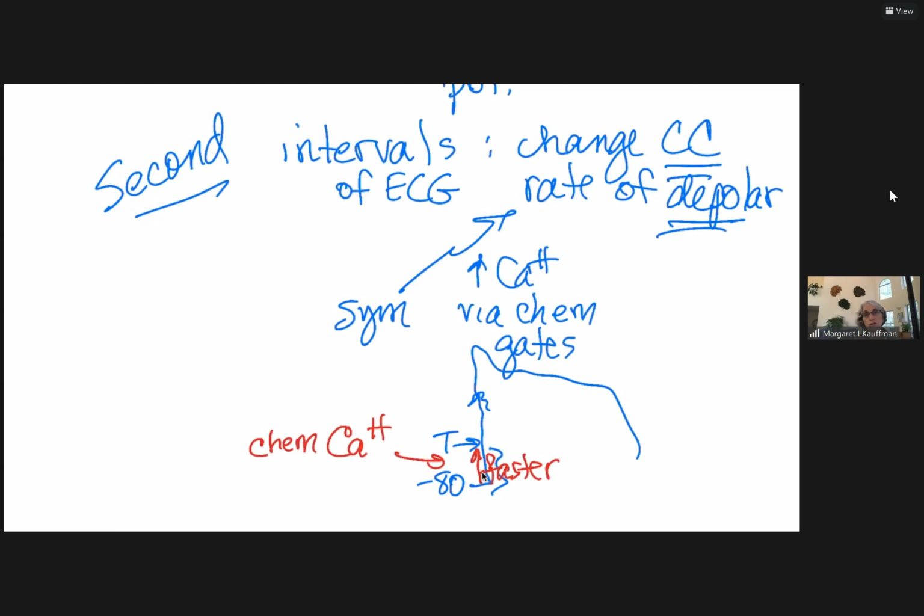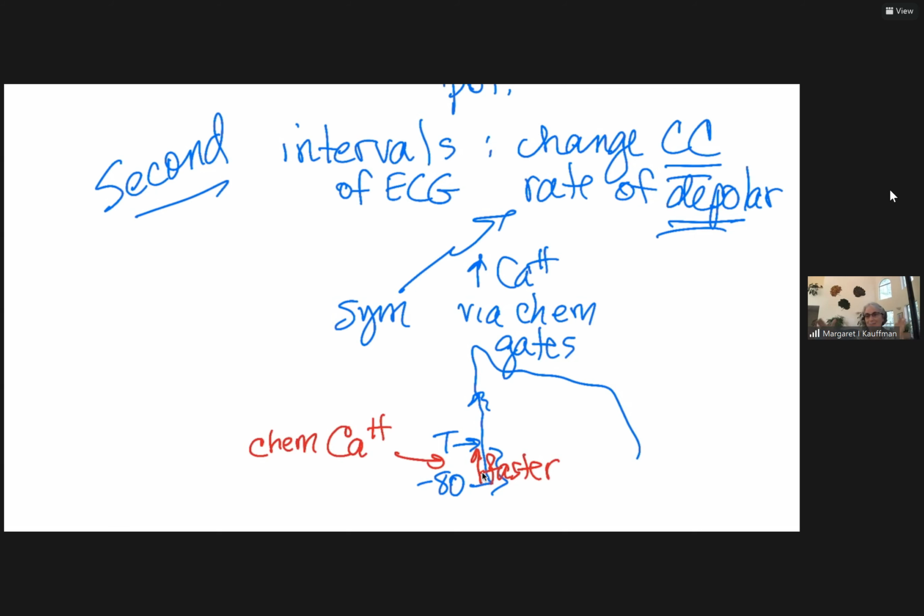And you could argue that the autorhythmic are driving the gap junctions a little faster, but you can't see that on an electrocardiogram. What you're seeing are the cardiac contractile being driven to threshold faster. So autorhythmic, they control heart rate. When we're looking at interval, we're looking at one beat.